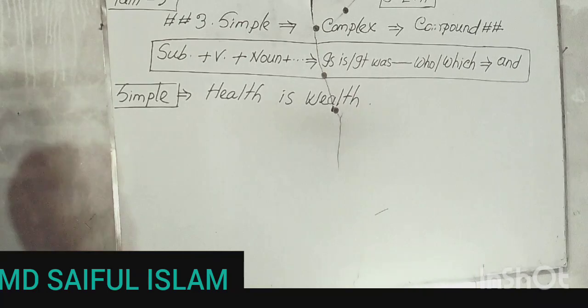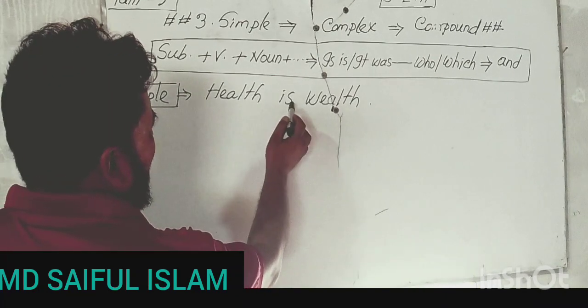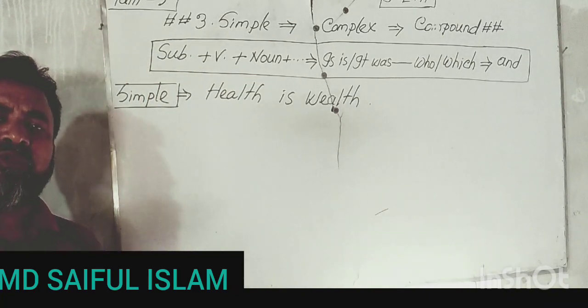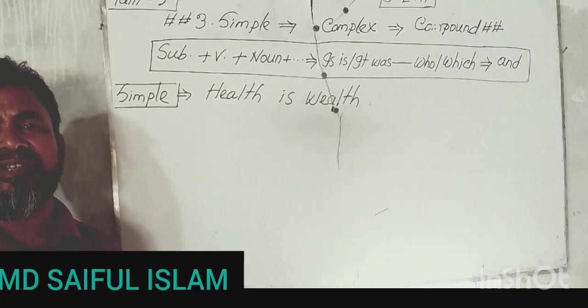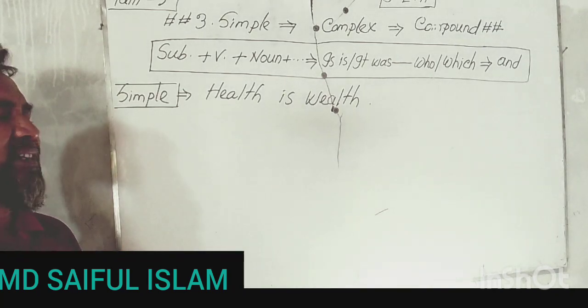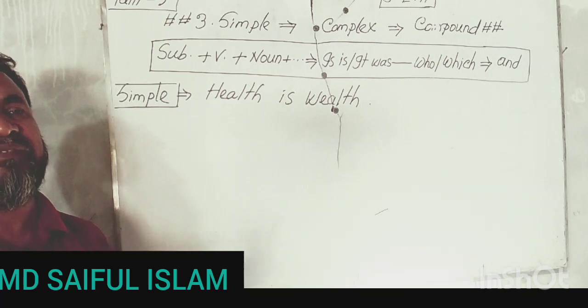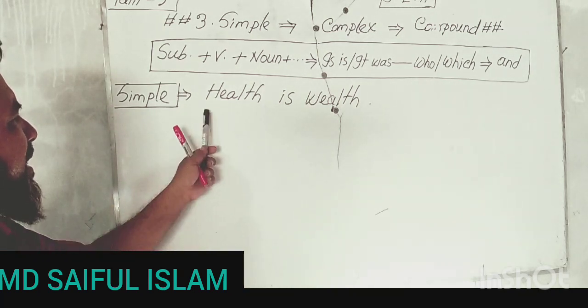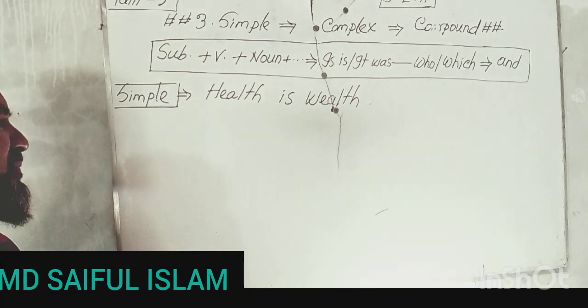Viewers, here I have written a statement: Health is wealth. Now my question to you: what kind of sentence is this, my dear viewers? Of course, you reply that it's an assertive sentence. Okay, my dear friends, but I want to add something here. It's also a simple sentence.